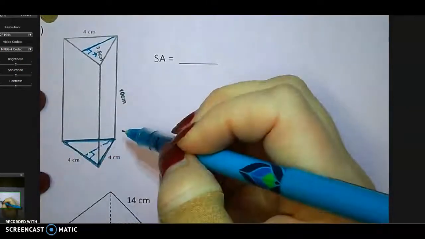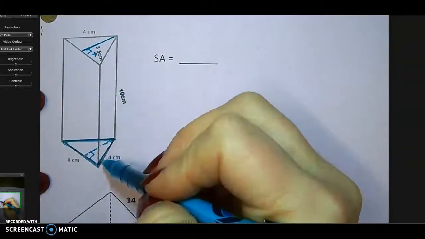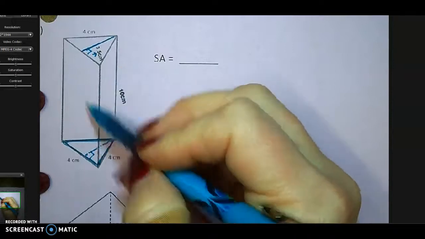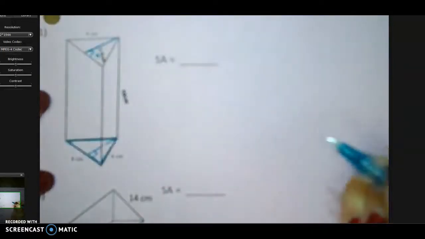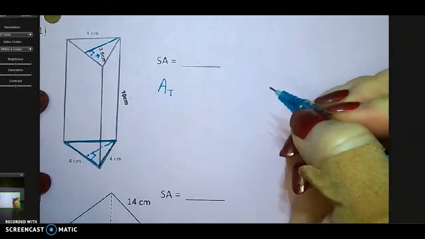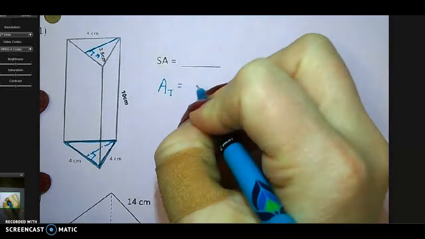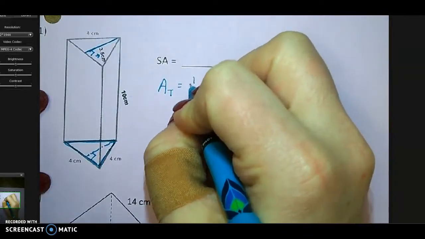Now, since this is an equilateral triangle and this is a right prism, that means that if these are all 4, then these are all going to be 10, that all of my rectangles are actually going to be the same here. So the first thing I'm going to do is find the area of my triangle, and the area of my triangle is 1/2 the base times the height.